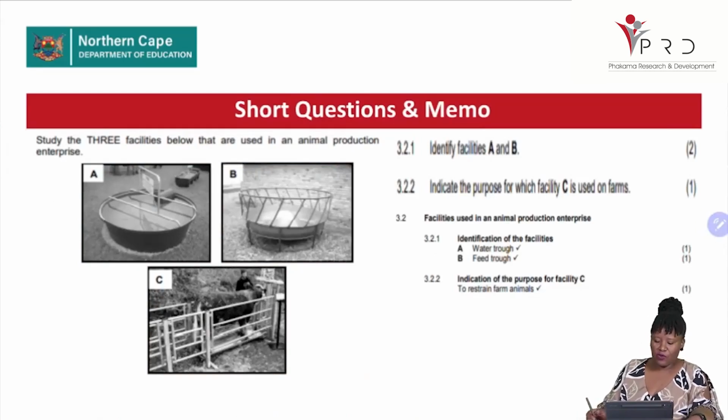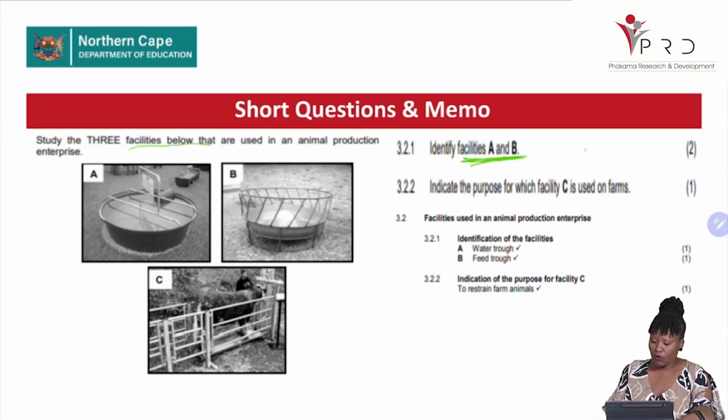Let's also look at these facilities, in a production system, it can be in a farming system. Study the 3 facilities below that are used in an animal production enterprise. We have A, we have B, we also have C. Identify facility A and B. Facility A is a water trough which is meant for drinking.